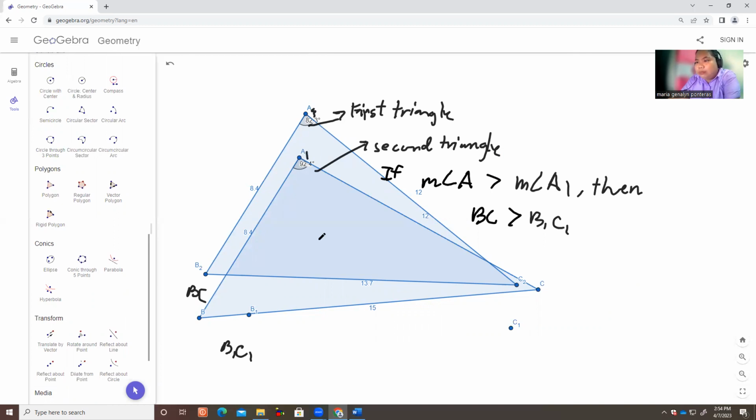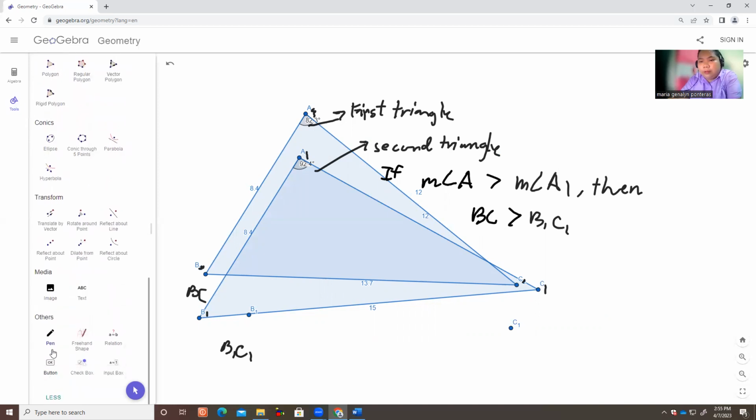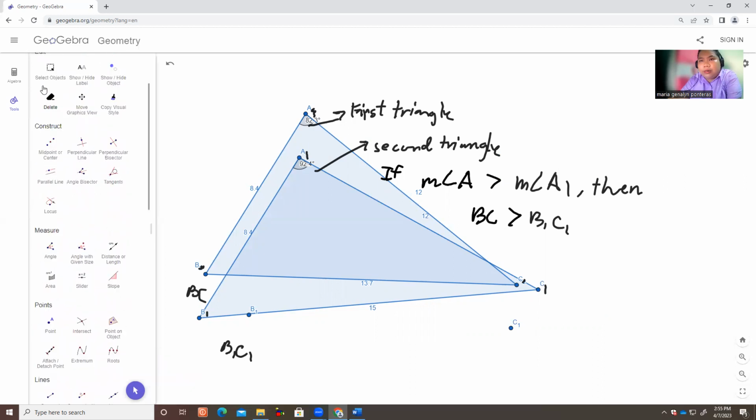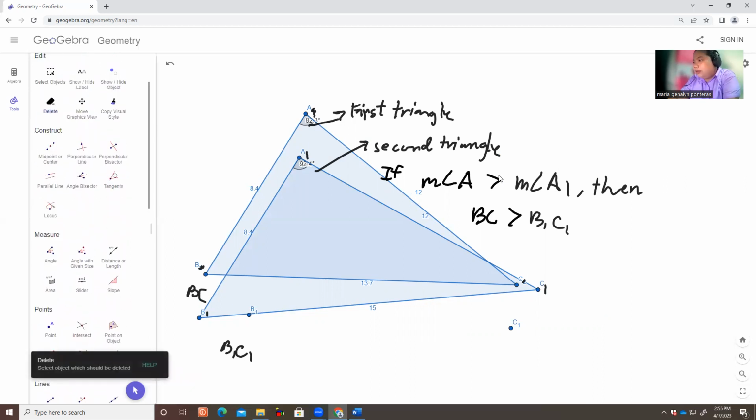So this one is A sub 1. So this is B sub 1. Is C sub 1. Ayan. So if we are going to change this into, wait lang, wala siyang pambura. Nahanap ko yung pambura. Ayan.